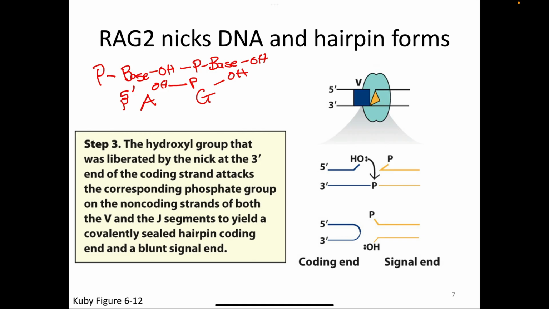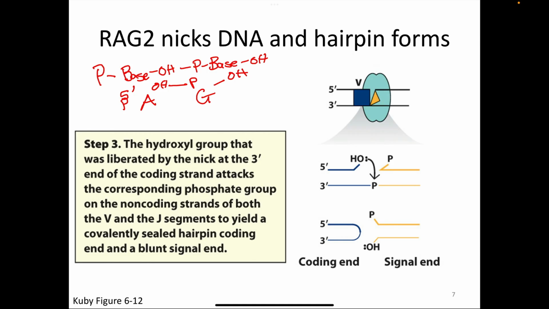It's making a single strand break there. And when that break happens, as you could imagine from my very complicated chemistry, you end up with a free 3' hydroxyl where you had the break, and you end up with a free phosphate.